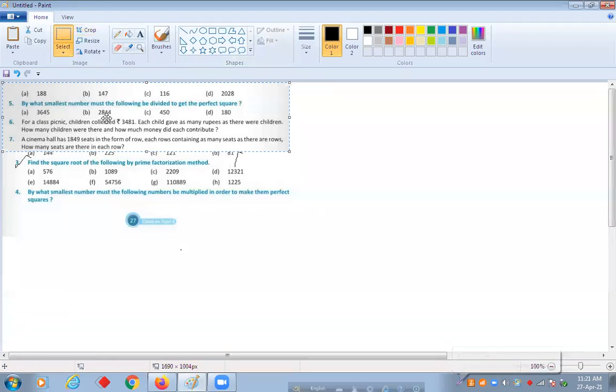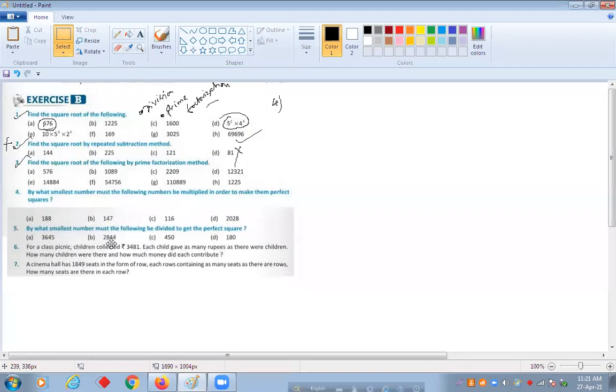So these are our numbers. 188. So first we will factorize this by prime factorization method.